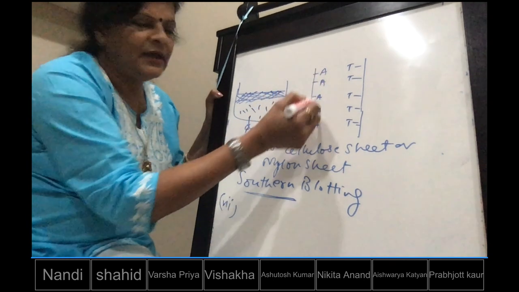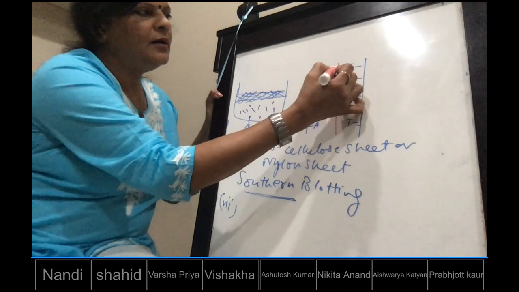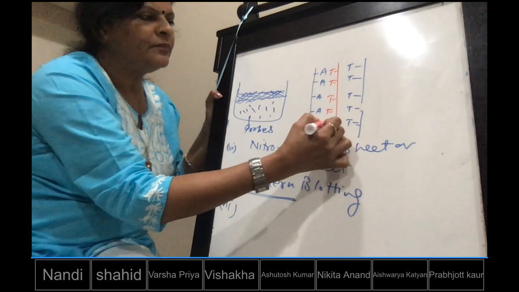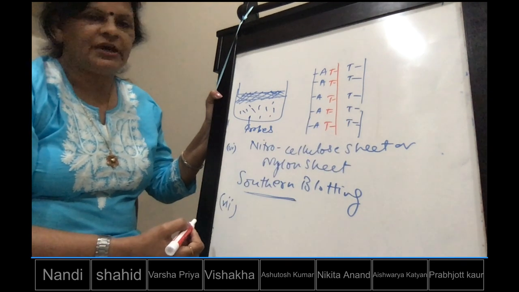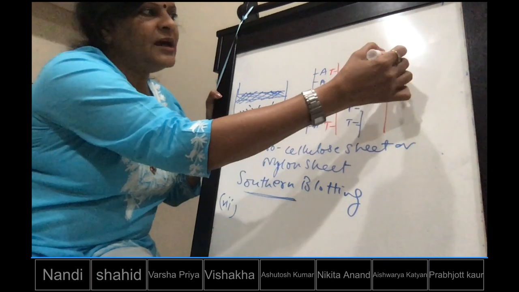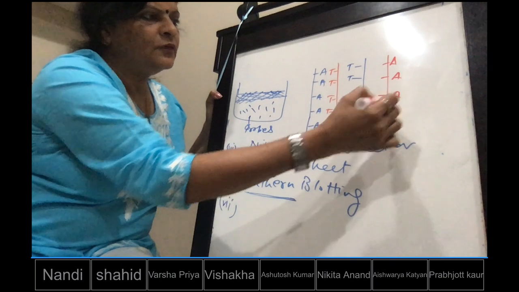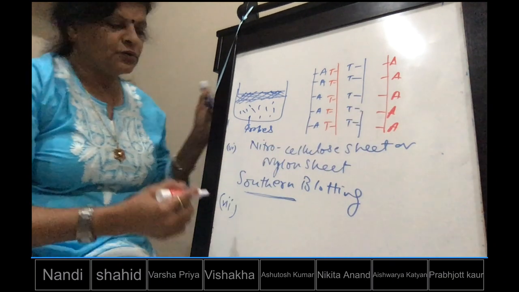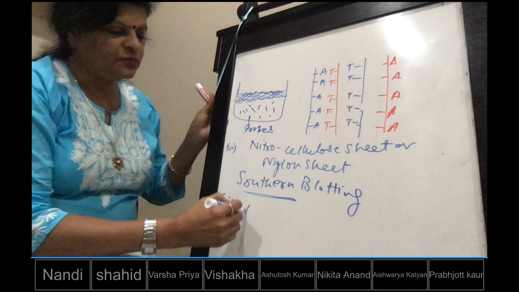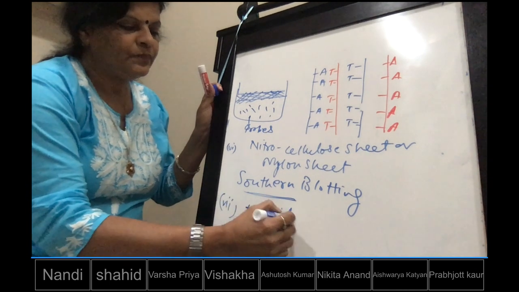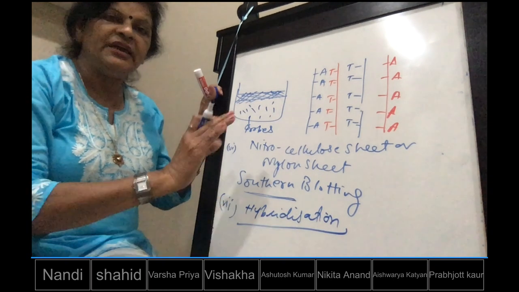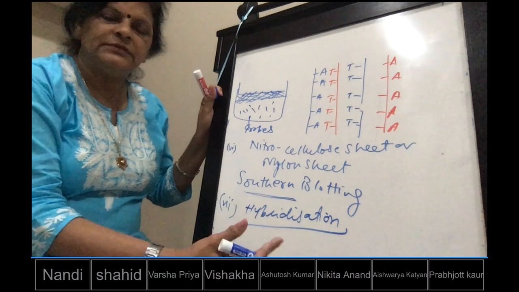Now the probe with 5 T's will attach to the A, and the probe which has 5 A's will attach to the T. According to the complementary base pairing rule, this is called hybridization. So there you simply have to write there is hybridization between VNTR and probes.